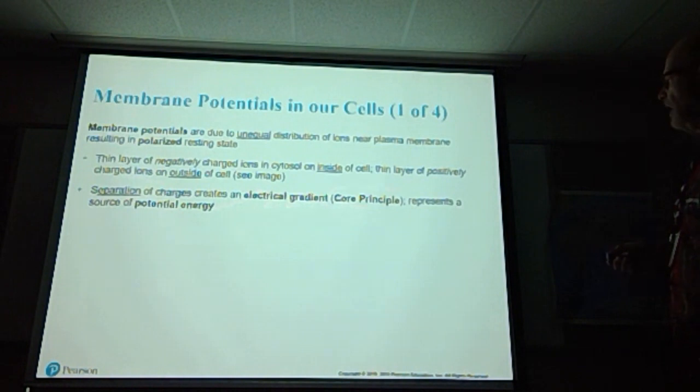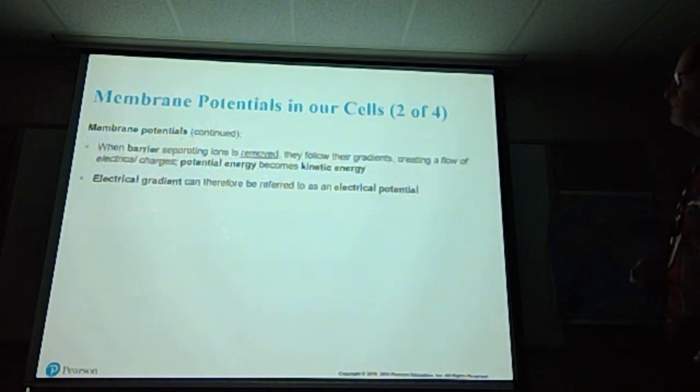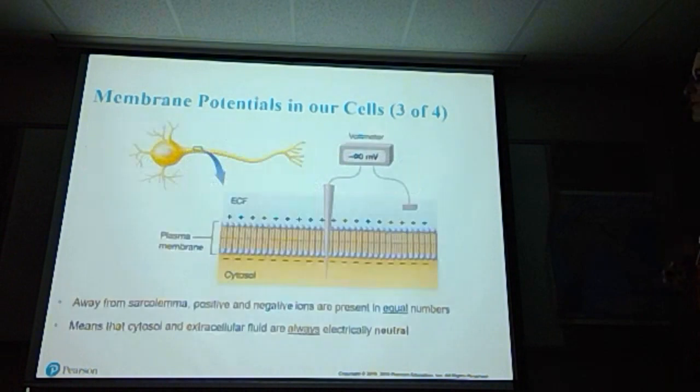That electrical gradient represents a source of potential energy. When the barrier separating the ions is removed, they follow their gradients, creating a flow of electrical charges. Potential energy becomes kinetic energy. The electrical gradient can therefore be referred to as an electrical potential.